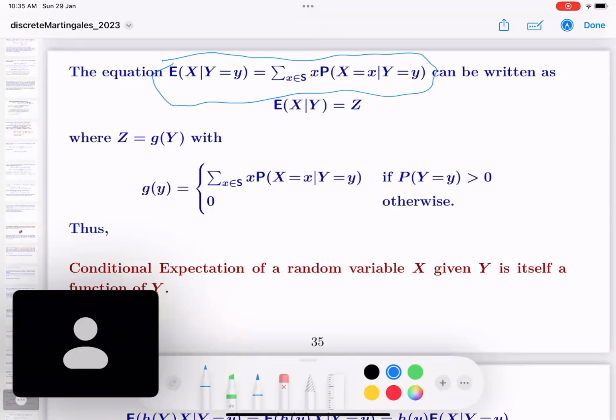This g of little y is the conditional expectation of X given that capital Y is small y. You compile it as a function, and then we say that the conditional expectation of random variable X given random variable Y is Z, where Z is a function of Y, and that function can be computed by this nice formula.